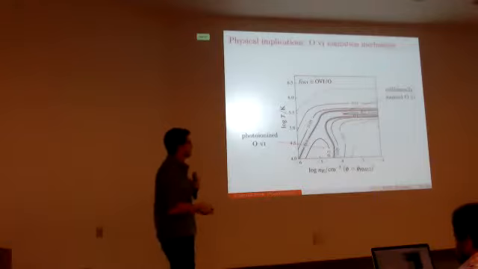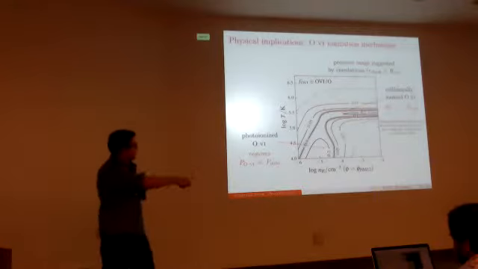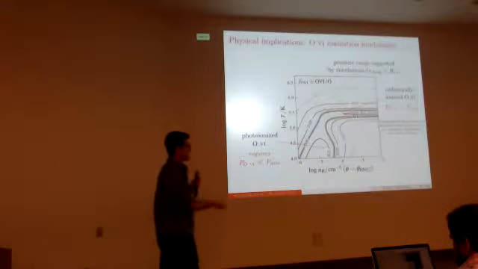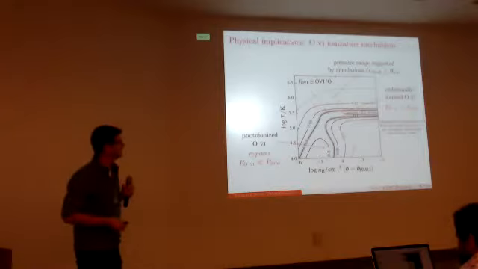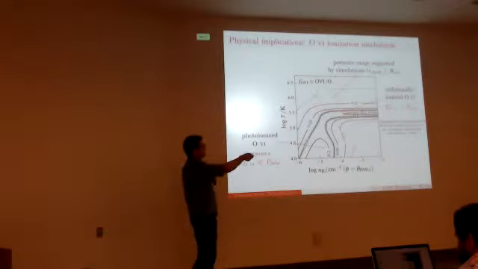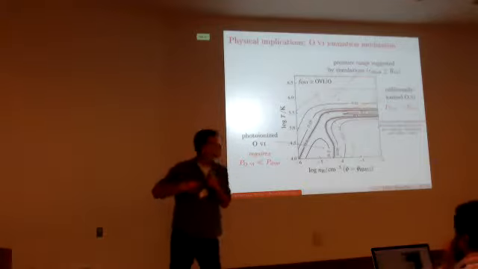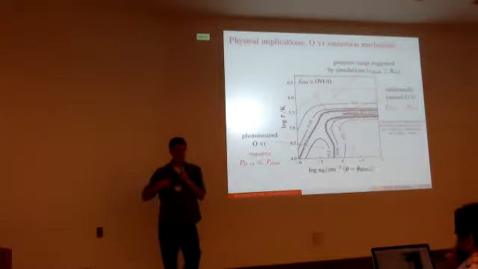The first argument we can make in this respect is a pressure argument. These diagonal lines are lines of constant pressure, and they delimit the range of pressure seen in cosmological simulations. Essentially you get that from the fact that the virial shock is roughly at the virial radius, a distance beyond the O6, and hence the pressures are relatively high.